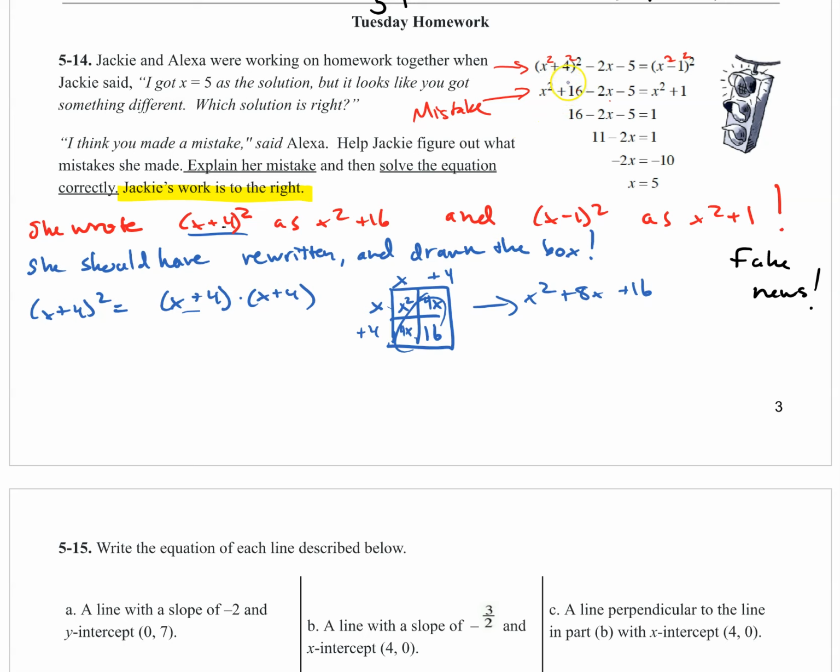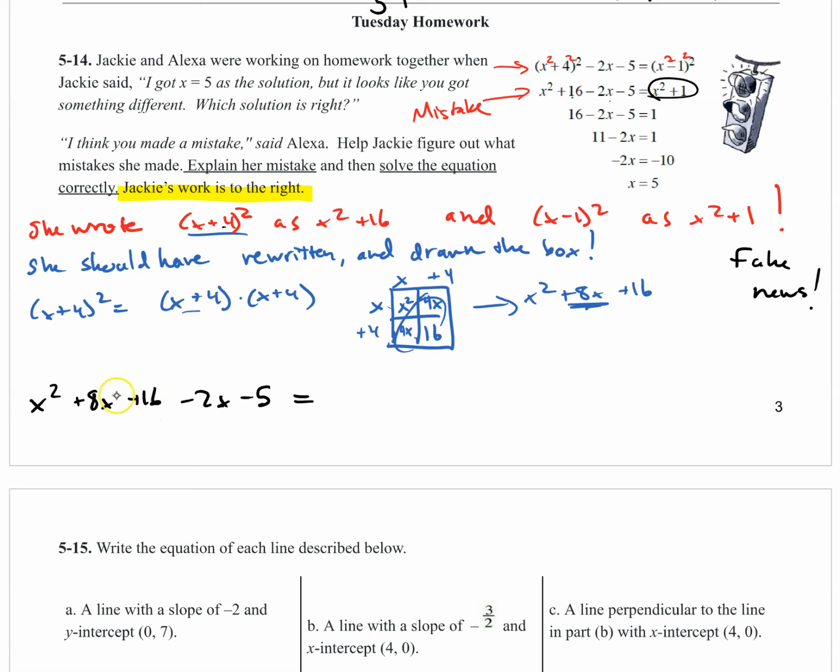So you can see that she forgot the 8x. She just wrote x squared plus 16, and she was missing this middle term. So let's rewrite this step here as x squared plus 8x plus 16 minus 2x minus 5 equals... We got to fix the other side too.